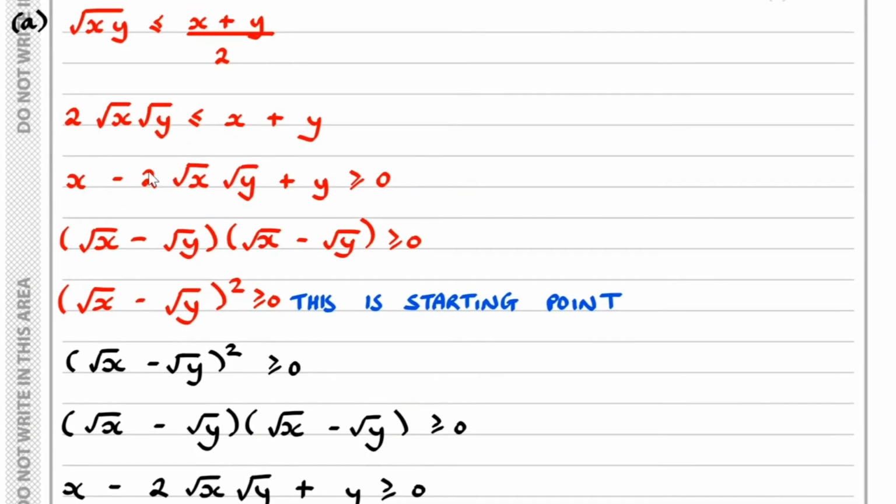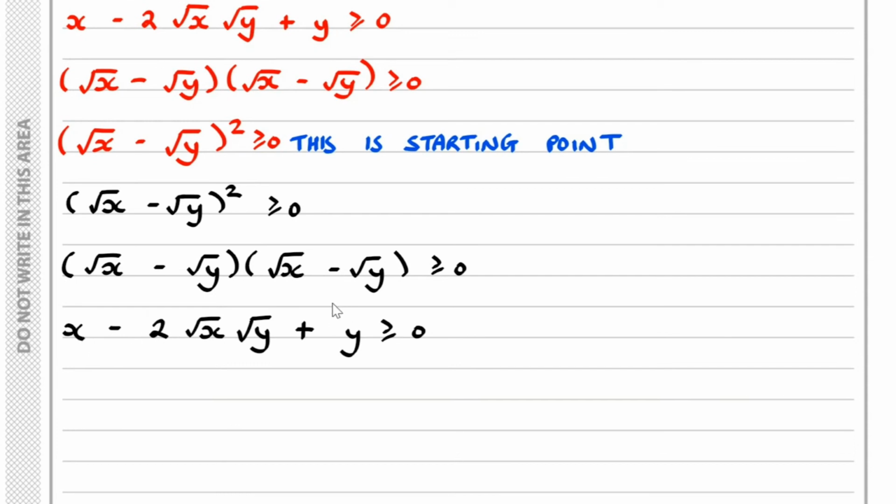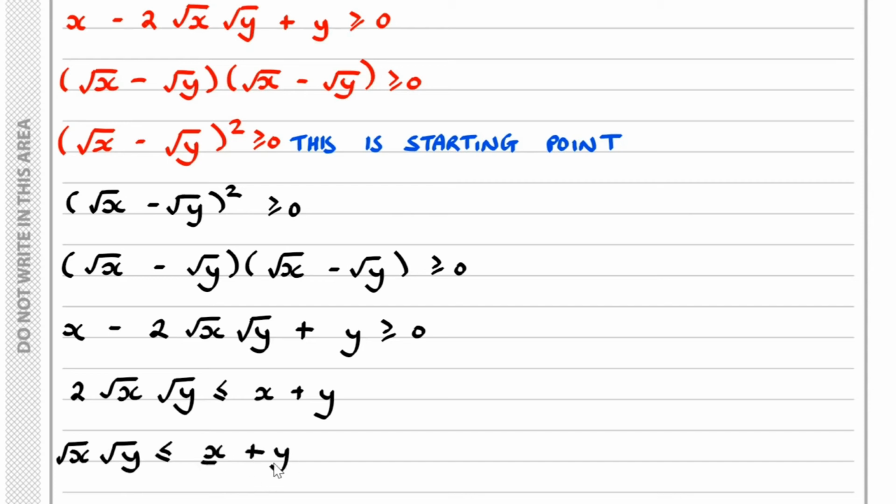Now, if I write this line out, which I can get from here, I can see that 2 times square root x times square root y is less than or equal to x plus y, and if I divide both sides by 2, I have square root x times square root y being less than or equal to x plus y over 2.